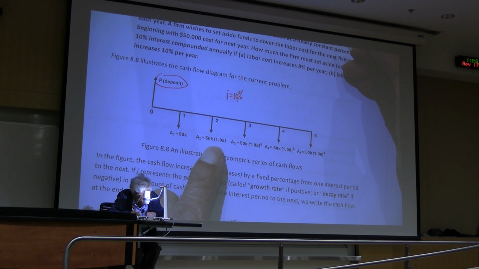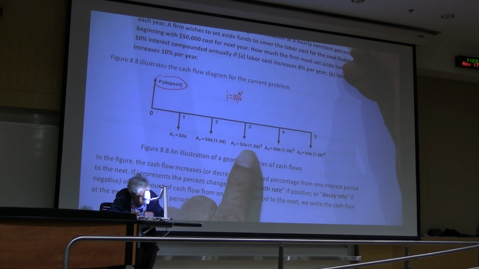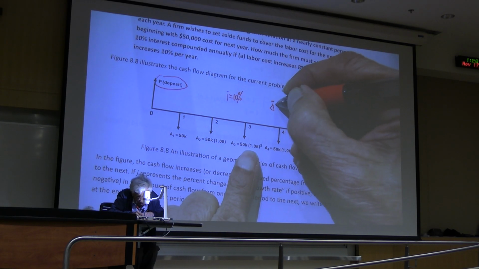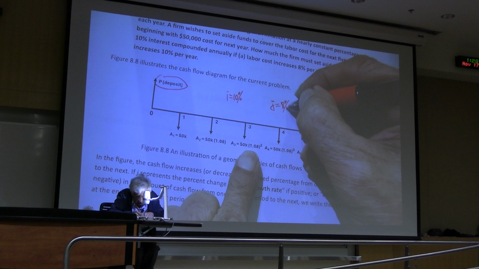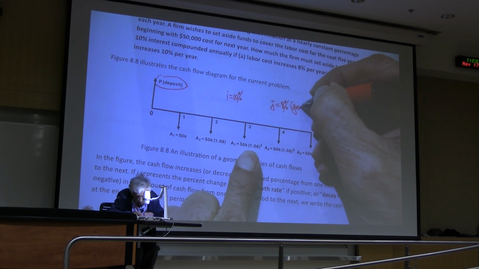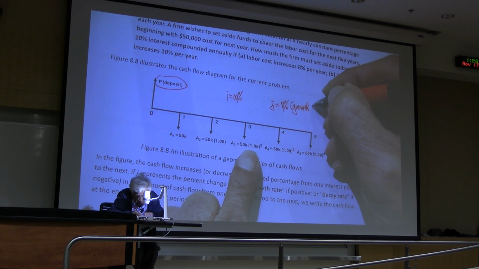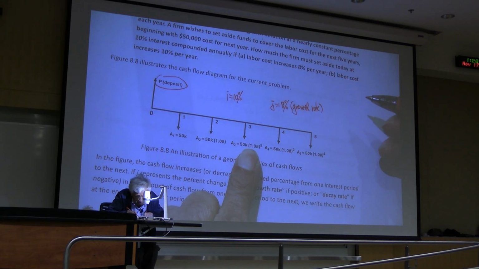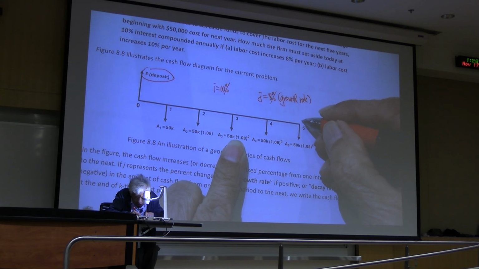Year 2, increase by 8%. Year 3, 8%. This 8% is called the growth rate of cash flow. At interest period 5, this is 1.08 to the 4th power.